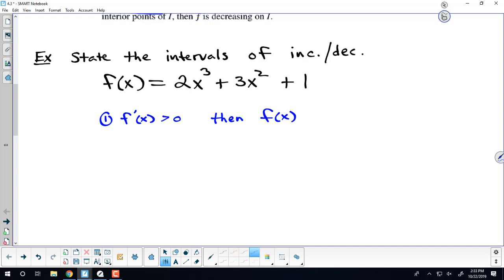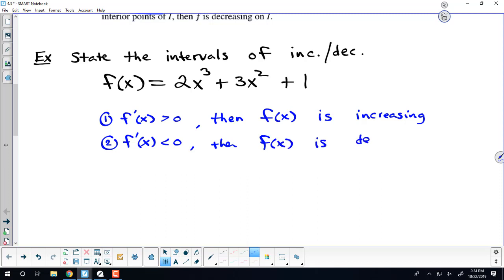So when the derivative is larger than 0, f of x is increasing. Where the derivative is smaller than 0, then f of x is decreasing.